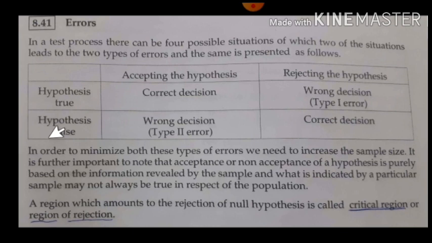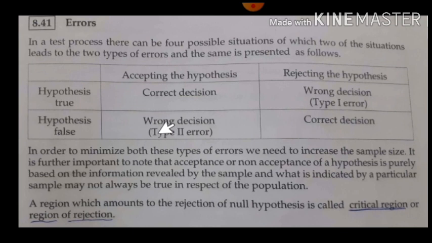Okay. Now if the hypothesis is false, what is the hypothesis I have taken? A person has done the crime. If that assumption I have made on one person, that he has done a crime, is false, actually he has not done it, but I have taken the assumption that he has done the crime, and the judgment is given to accept the hypothesis, then type 2 error occurred, a wrong decision, because he is innocent.